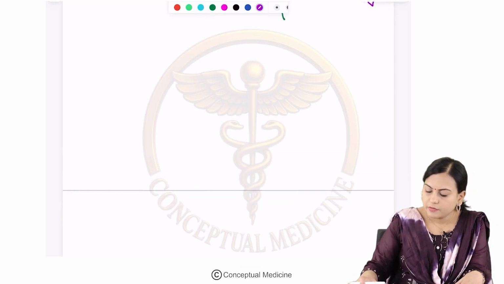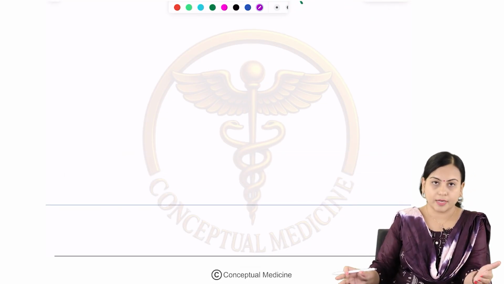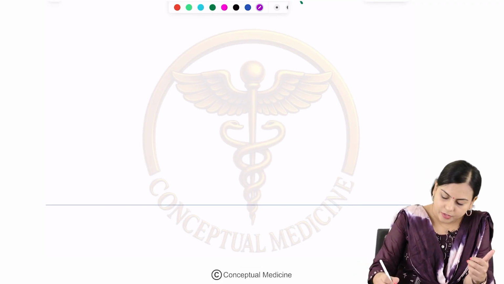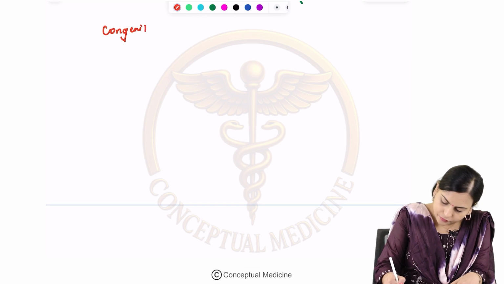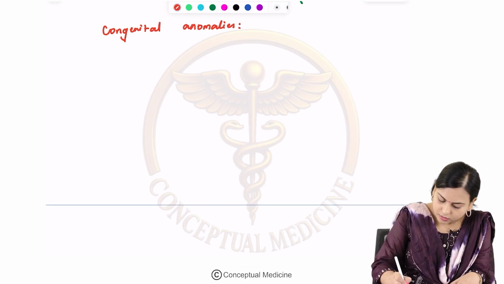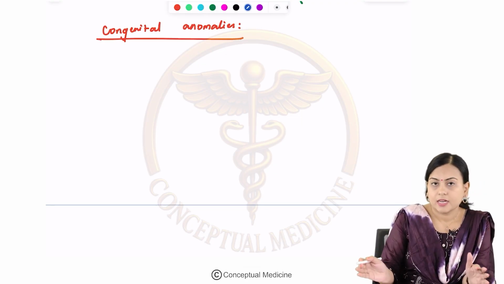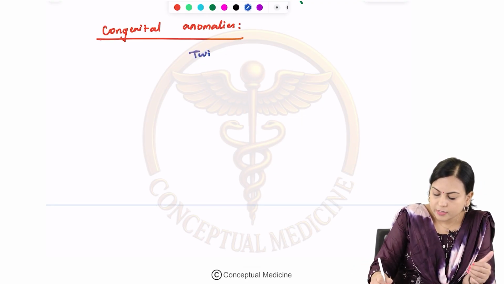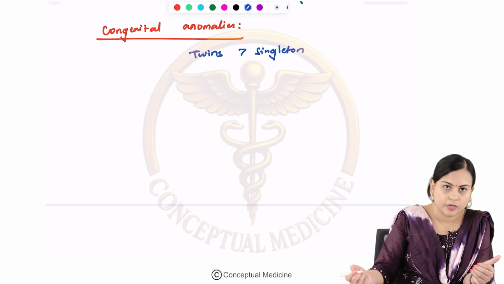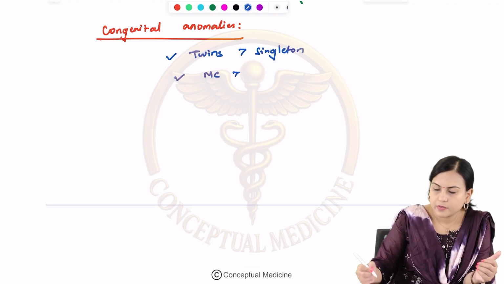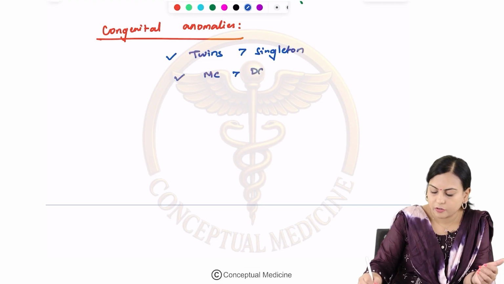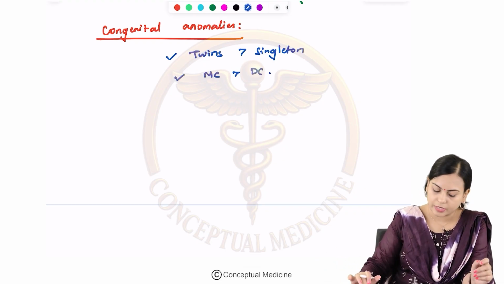Now we'll discuss these fetal complications one by one. Congenital anomalies are more common in twins compared to singletons, and more common in monochorionic twins when compared to dichorionic twins. Clear?